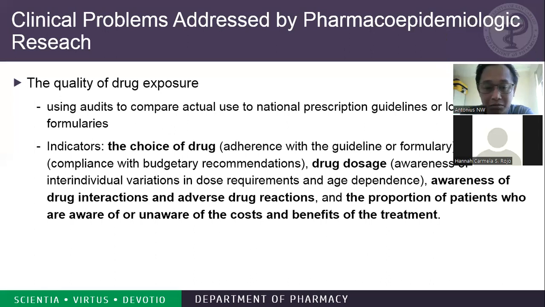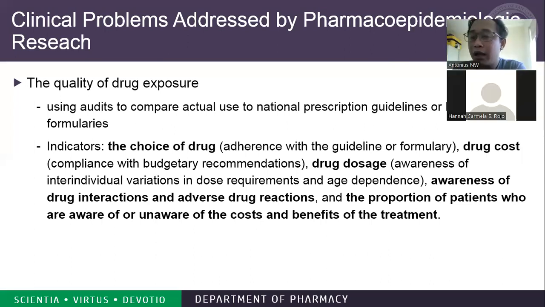And then awareness of drug interactions and adverse drug reactions. In Indonesian communities, I believe that many people with chronic diseases will try not only modern medicines but also traditional and complementary medicine.